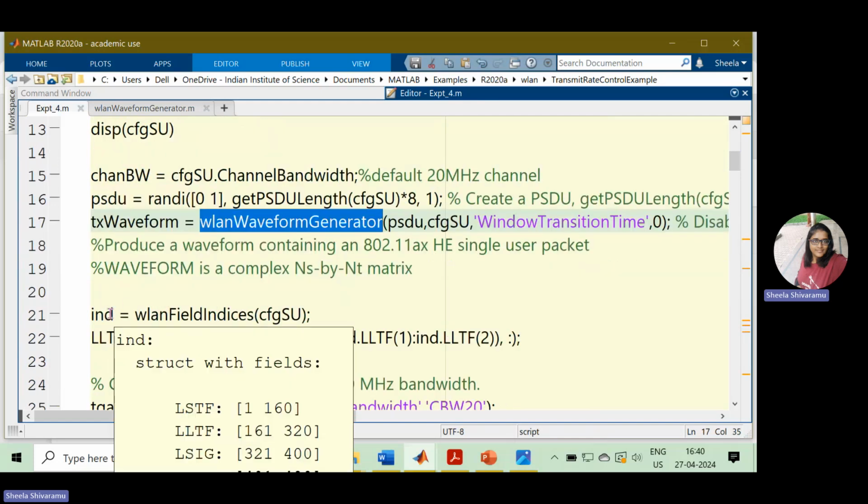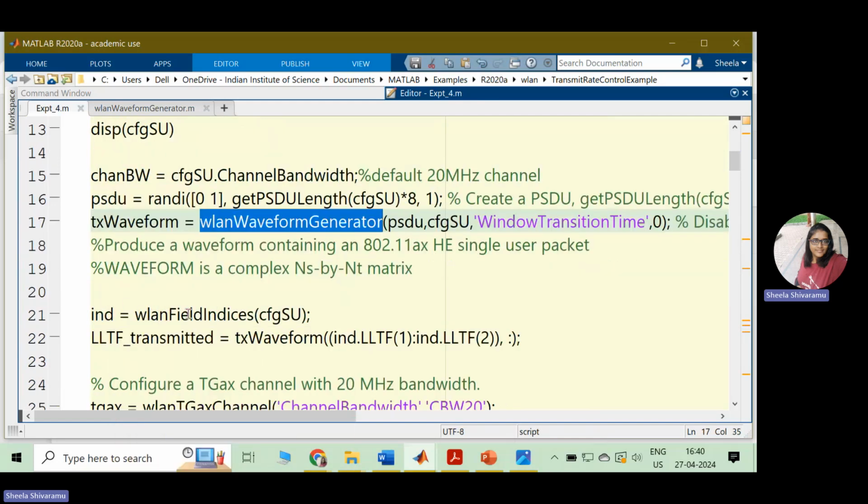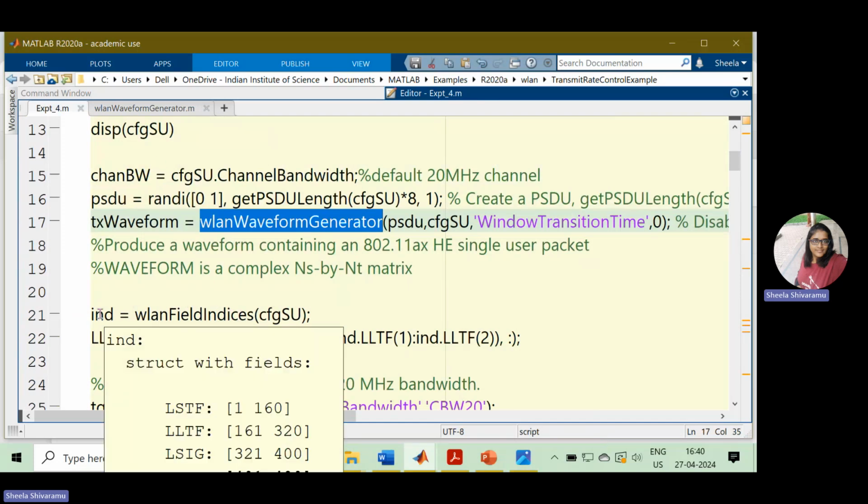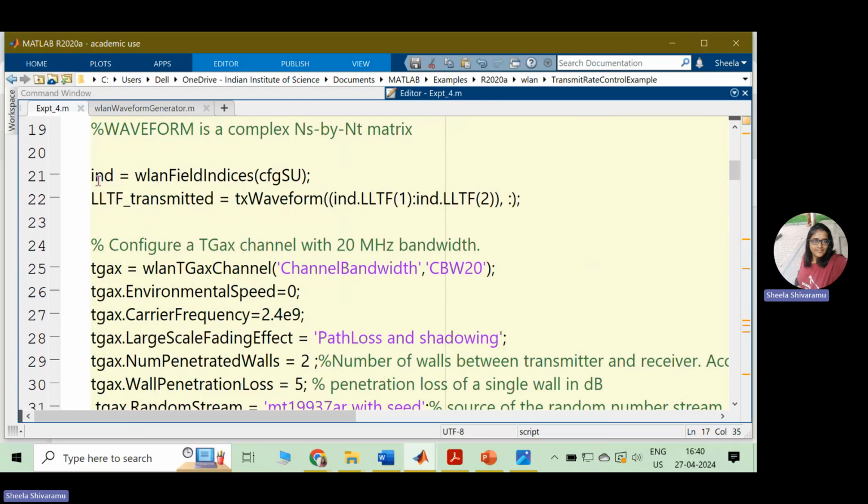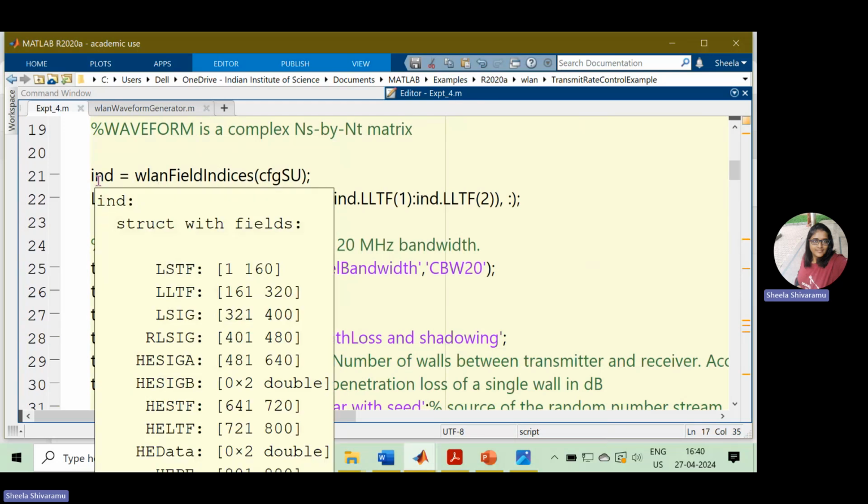So again, I have discussed earlier, there is wlanFieldIndices. When you pass the configuration object into this, what you get to see is the index points of the various fields in the packet. In the last experiment, we saw what the preamble portion is and what the data portion is. As you can see here, HE data is 0.